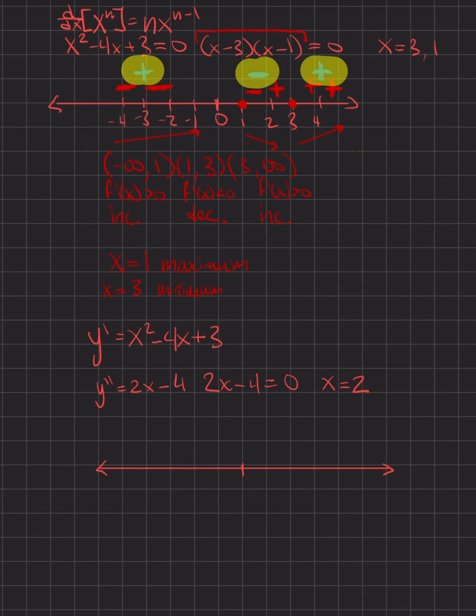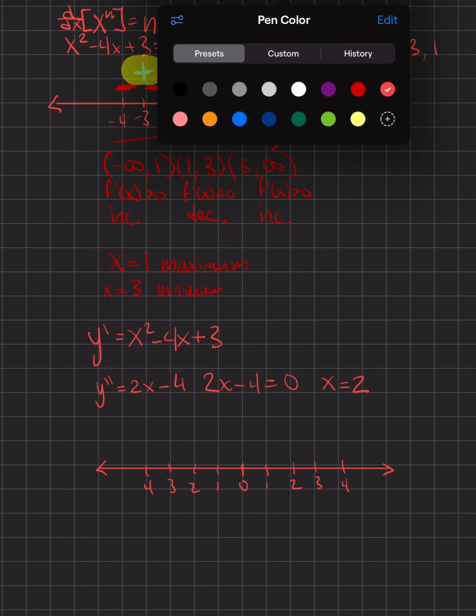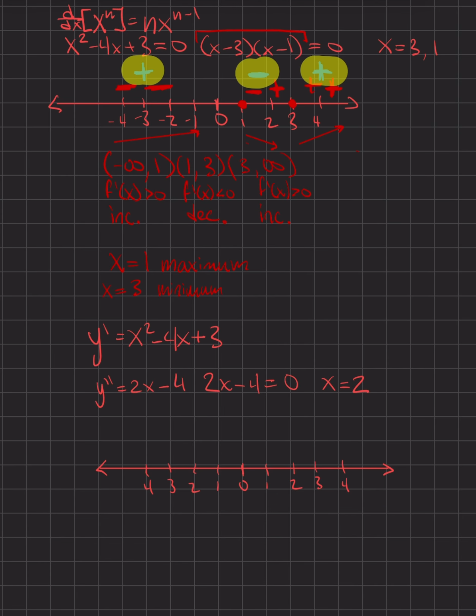All right. So 0, 1, 2, 3, 4. Here it is. 1, 2, 3, 4, right? Swap the colors to make it a little bit more bright. So we evaluate it here. We know that there's going to be some type of critical point going on at 2, right?